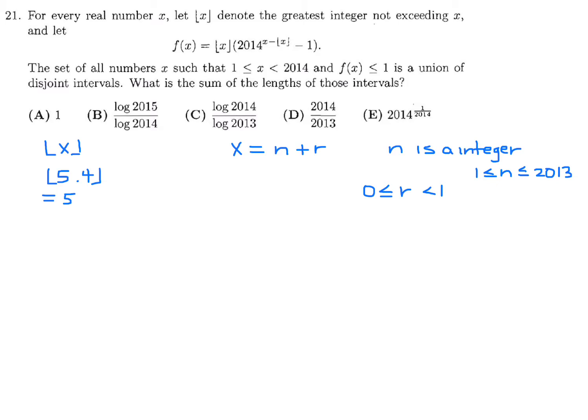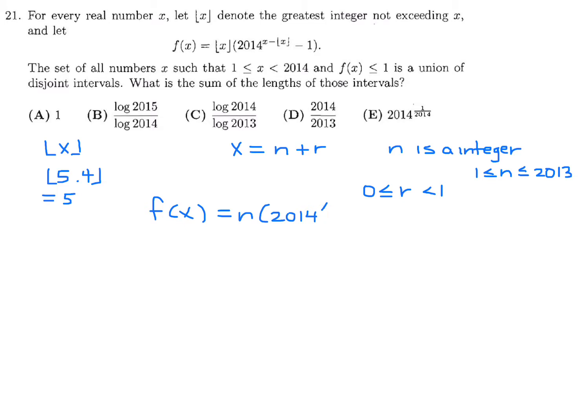So now we take this f(x) and substitute what we have written. Now our f(x) becomes the integer part of x, which is just n, multiplied by 2014 to the power of x minus the integer part of x.